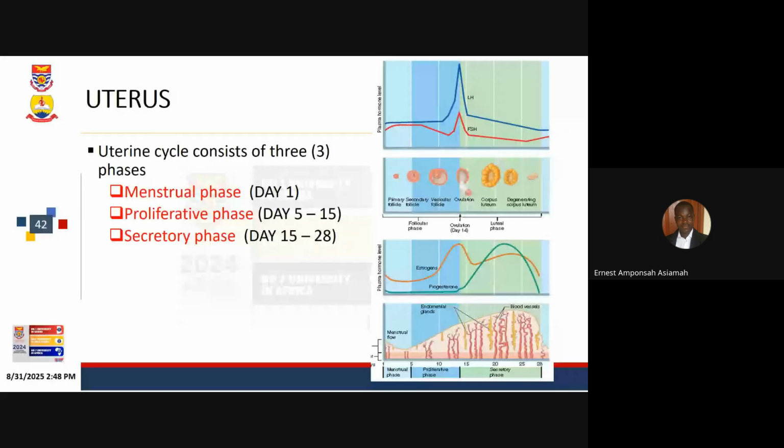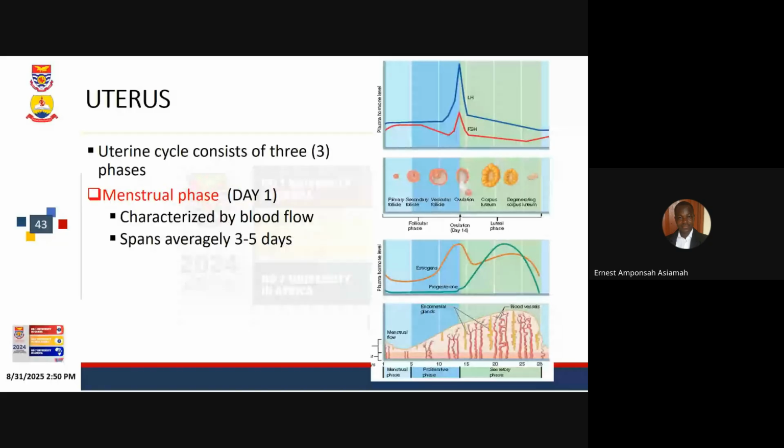So from day one up to about the 4th or 5th day, let's go through. The menstrual phase is characterized by blood flow, and it spans averagely 3 to 5 days. It's expected that for most people by the 5th day, the blood will cease to flow.